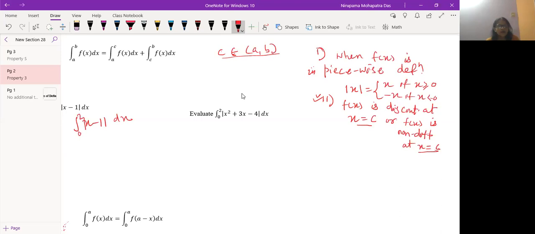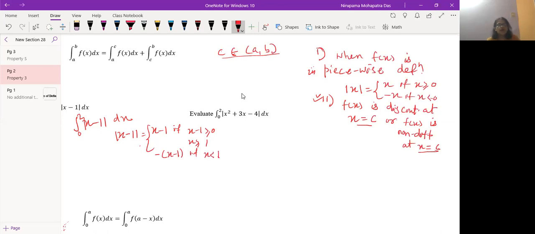Now, to define mod x minus 1: mod x minus 1 equals x minus 1 if x minus 1 is greater than or equal to 0, that is x greater than or equal to 1, and minus of x minus 1 if x minus 1 is less than 0, meaning x less than 1.